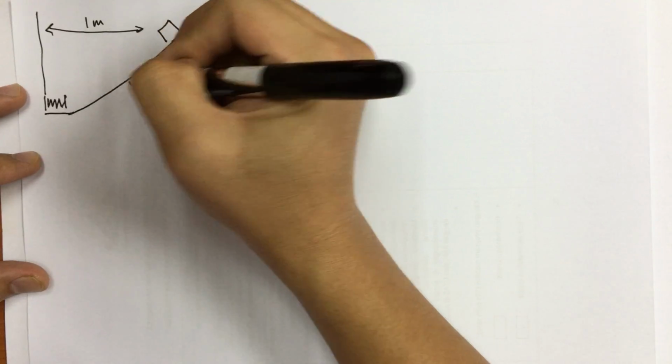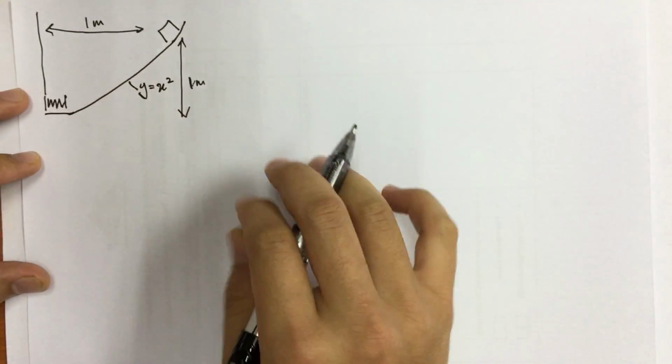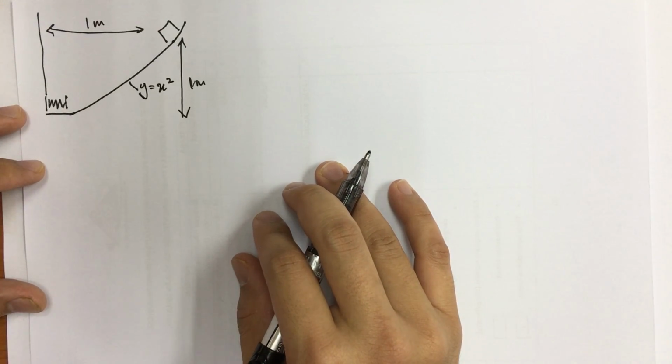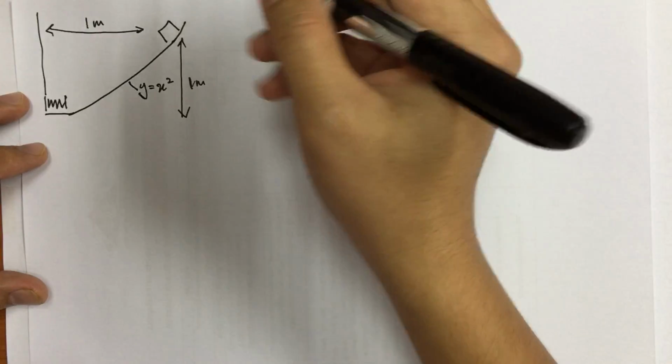And this is the equation that defines the movement, y equals x squared. But in this problem, it says that it's a smooth parabolic surface, so there is no normal force acting on this object.